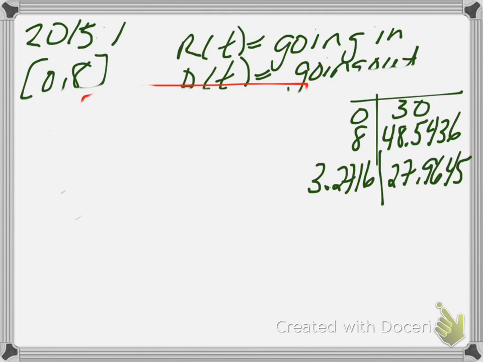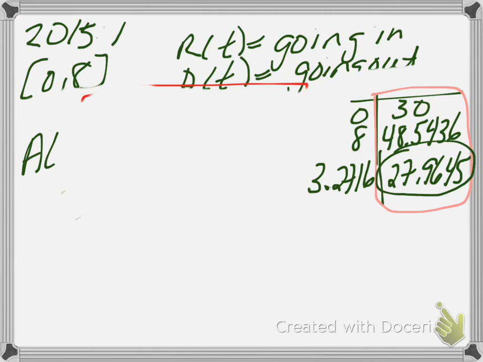Since you're looking for the absolute minimum, you're looking at the y values. That's this group over here. Which is the smallest number? It looks like this is the winner. The question is asking at what time is the minimum?